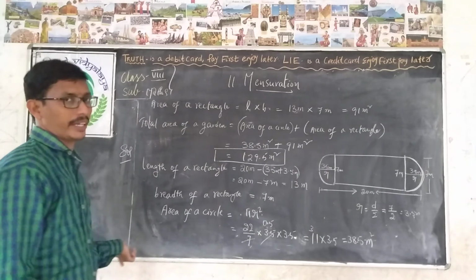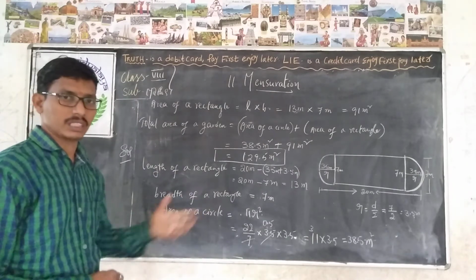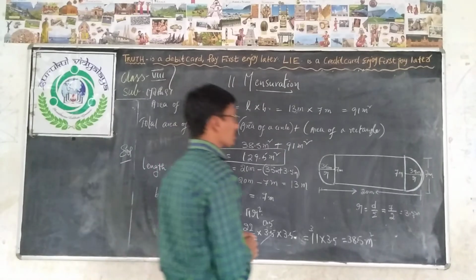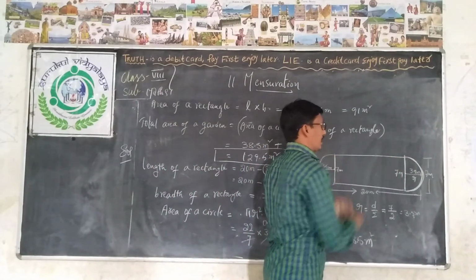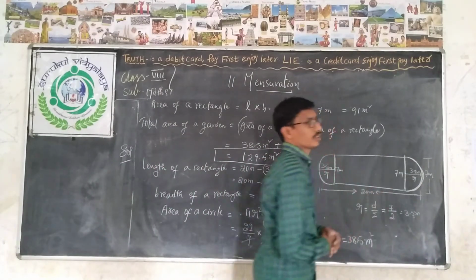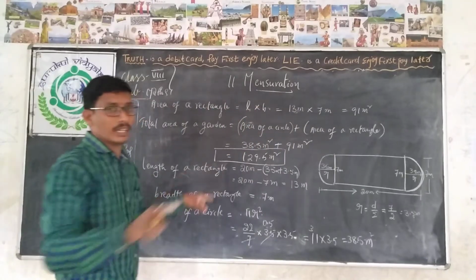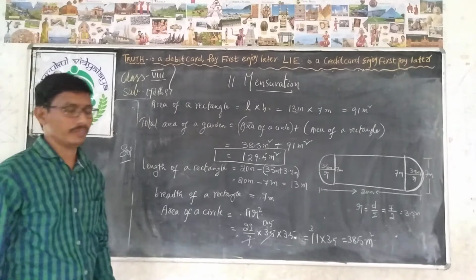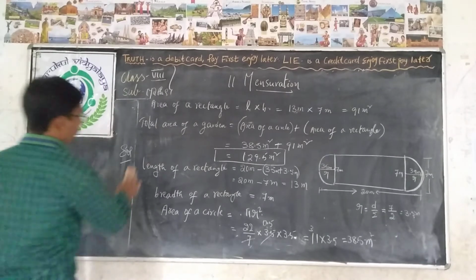What is next, how do you find it? The perimeter of the garden. That means the total perimeter, how do you find it? Up to here there is a rectangle, but here there is an arc. So you have to find the total boundary of the garden.